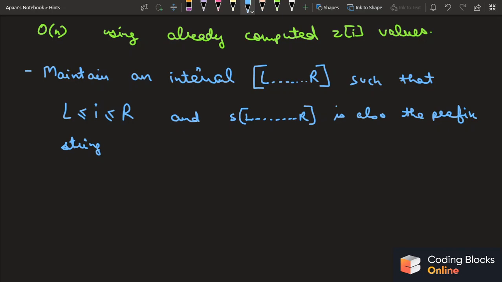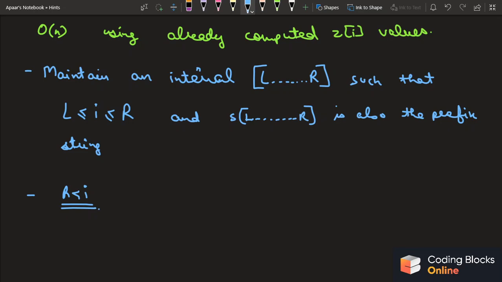So if this interval does not exist, that will be a second case, right, that if this interval does not exist, then of course R will be less than I, right. Otherwise, if this interval did exist, then I will be in the middle of this L to R. Okay, so always an index I will have only these two cases, right.